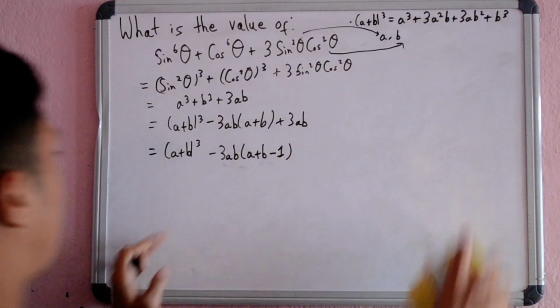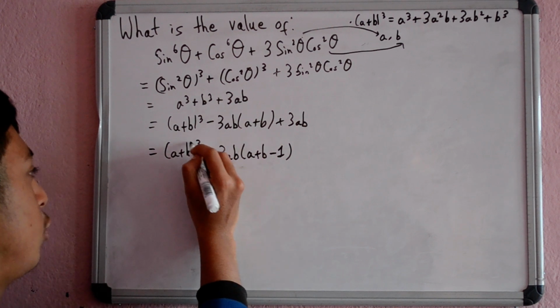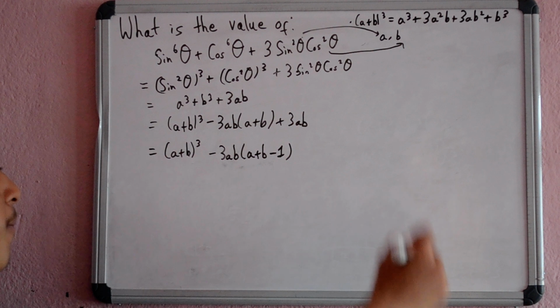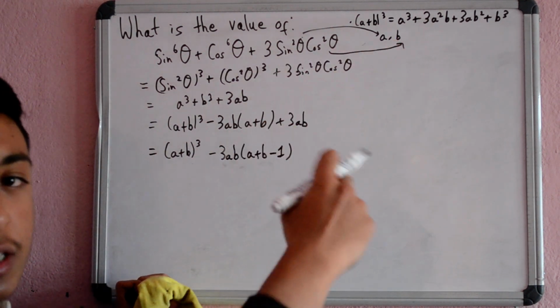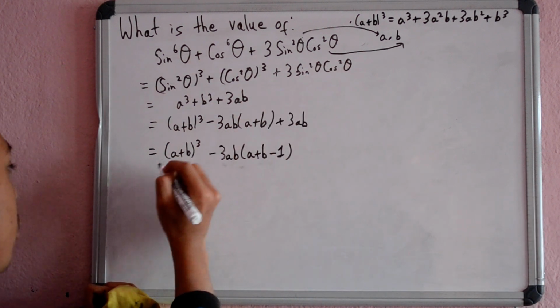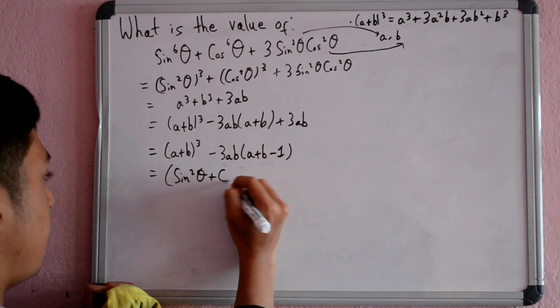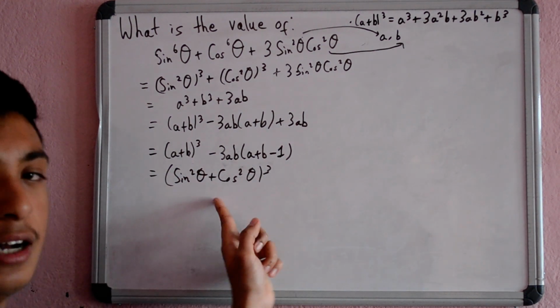Now, it's really hard to progress further because if you expand a plus b whole cube, you'll just get this right here and again this right here. But don't forget we let a and b be sine square theta and cos square theta. So, let's just rewrite them. Sine square theta plus cos square theta whole cube. Aha!